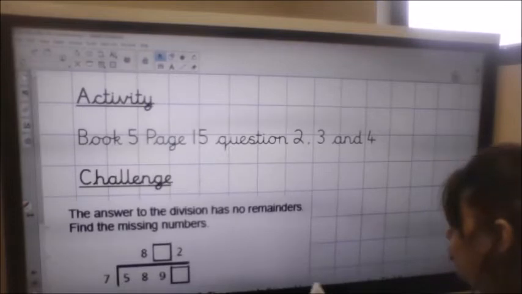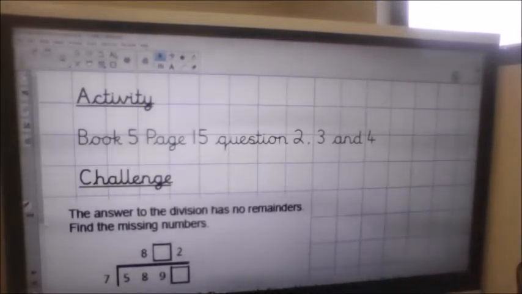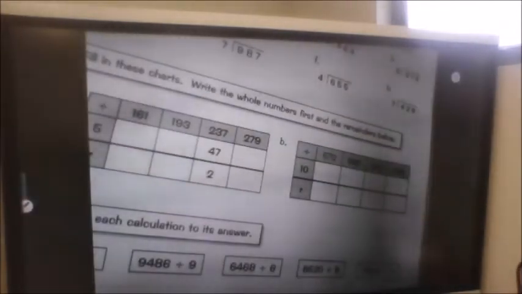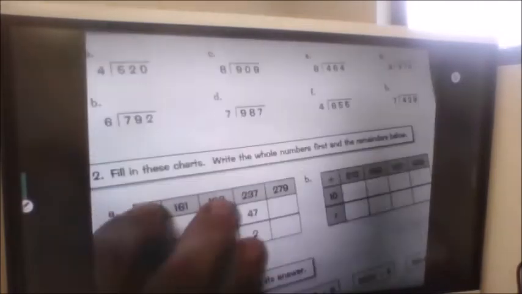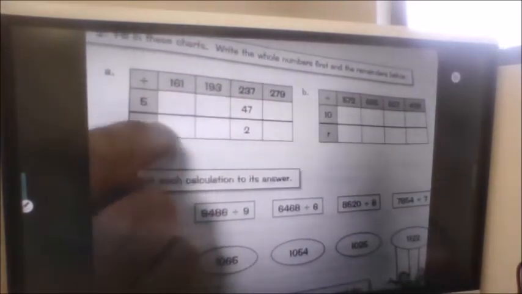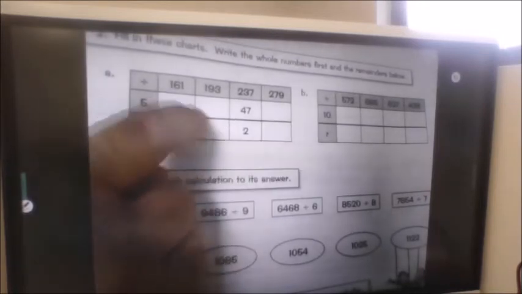Now, if I put that under the visualizer, you can see, okay, you might recognise question 1 because we've done that on the board. Okay, and you've done that in your book, so you don't need to do question 1. Question 2, you are dividing each of those numbers by 5. And what are the remainders? Okay, so it's telling you there's going to be remainders.